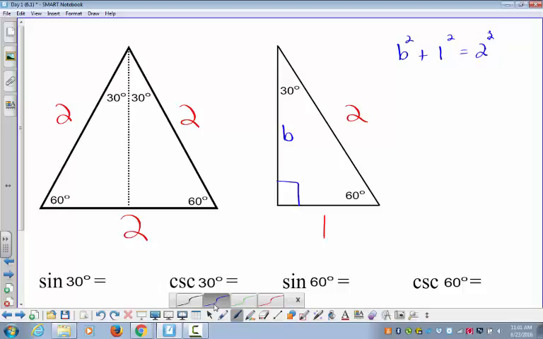So b squared plus 1 is equal to 4. So b squared is equal to 3. Again, we're dealing with a length, so we don't need to deal with the negative square root. And there's b. That's how long side b is. That's the height of this triangle. Root 3. That's b. There it is.